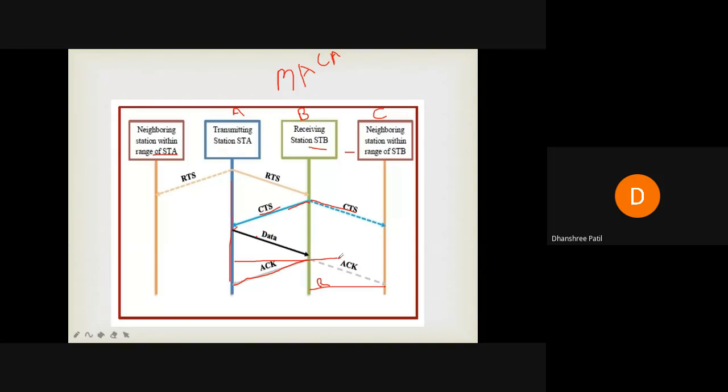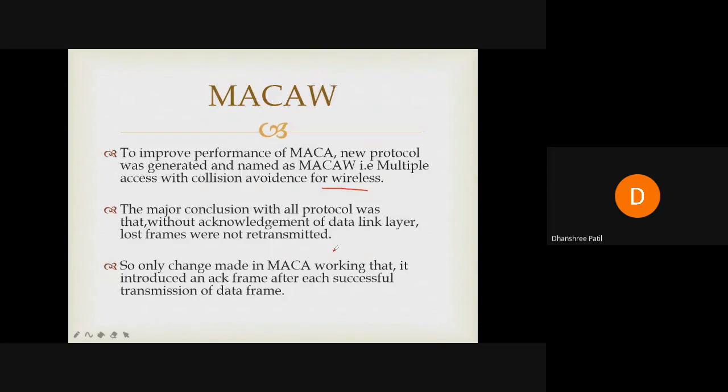Up to this we can say it is the working of the MACA protocol, and one more change is done: once we get data or the frame, it should send an acknowledgement to the neighbor stations. So that is the working of the second protocol, MACAW.